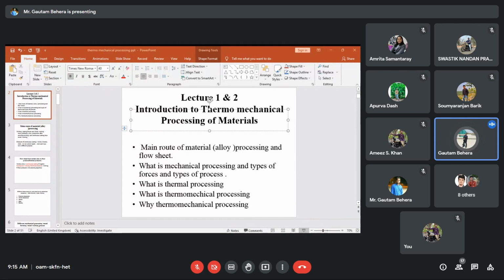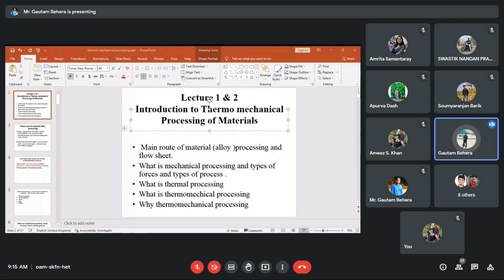Also, we have gone through the subject, I think, deformation behavior of materials. So you have a good knowledge of mechanical processing and physical metallurgy. This particular course will be completely linked with those earlier courses.